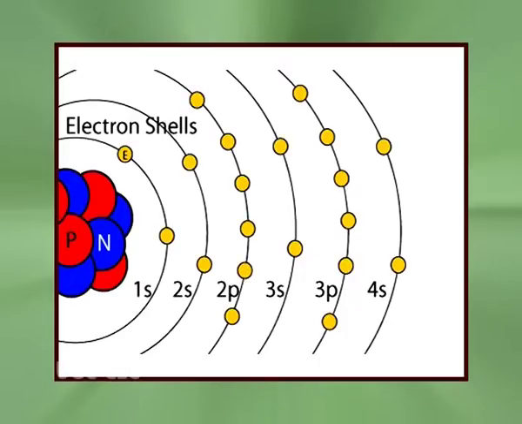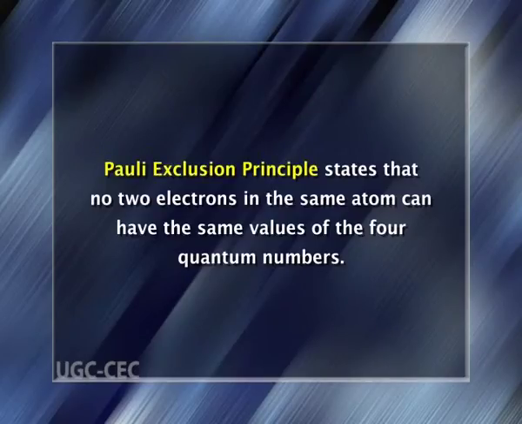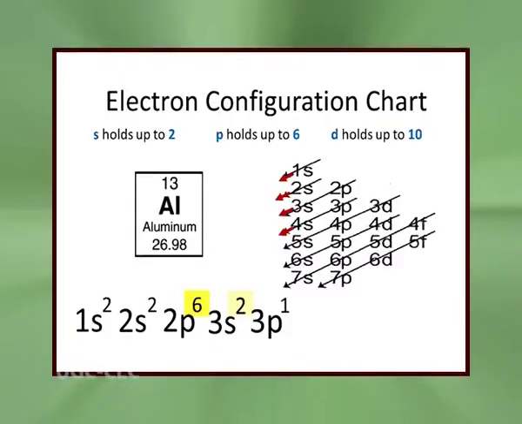The numbers of electrons that can occupy each shell and each subshell arise from the equations of quantum mechanics, in particular the Pauli exclusion principle, which states that no two electrons in the same atom can have the same values of the 4 quantum numbers. Physicists and chemists use a standard notation to indicate the electron configurations of atoms and molecules.